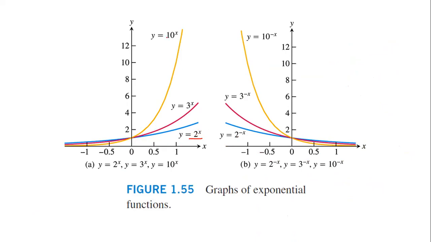But 10 to the power x, you can see it's not covering much of the x before it goes to infinity. So the y value will reach infinity faster than the x value. But for 2 to the power x, the x will reach infinity faster than y.